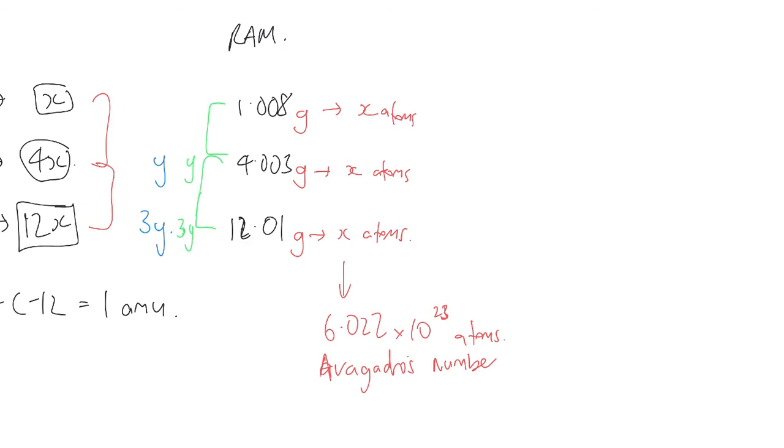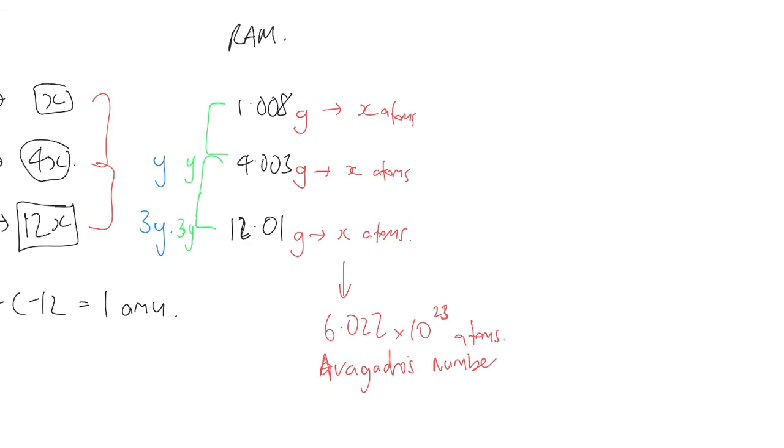That number is the number of atoms there are if you take an element and get out its mass, the mass of its relative atomic mass. So, looking up at the periodic table, if I was to take a sample of nitrogen, I would need to weigh out 14.01 grams of it to get 6.022 times 10 to the 23.